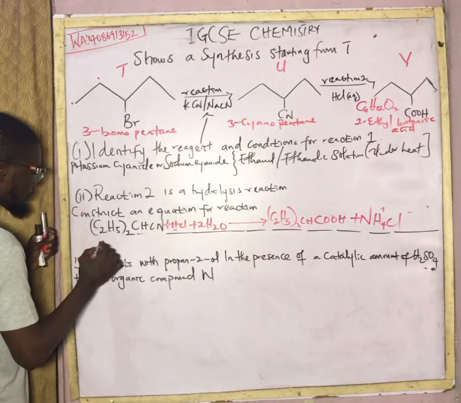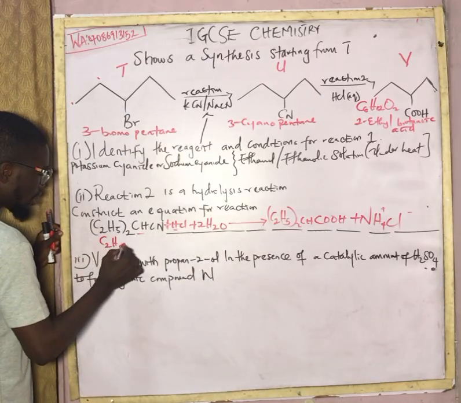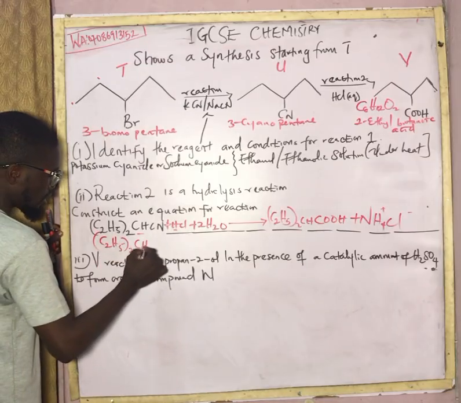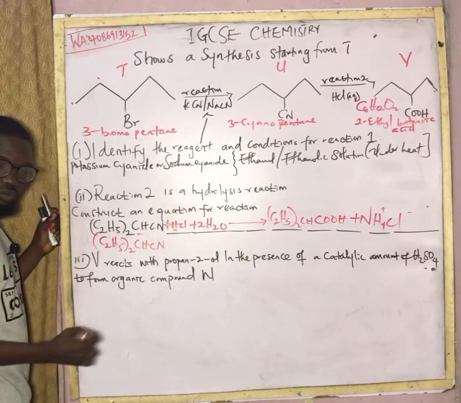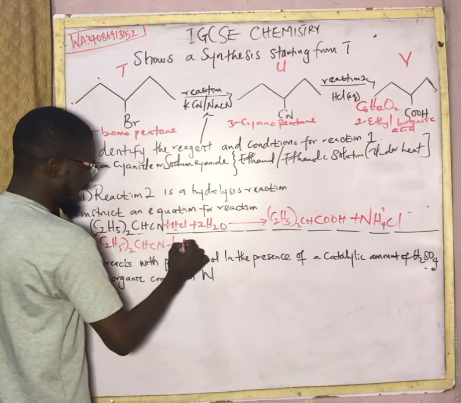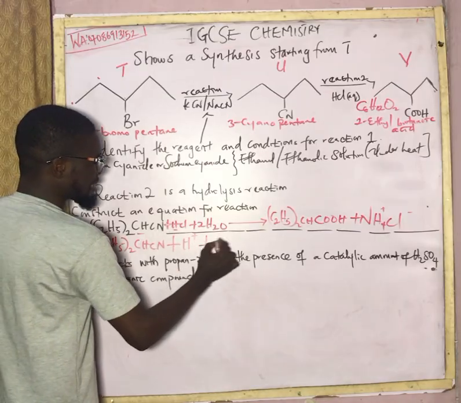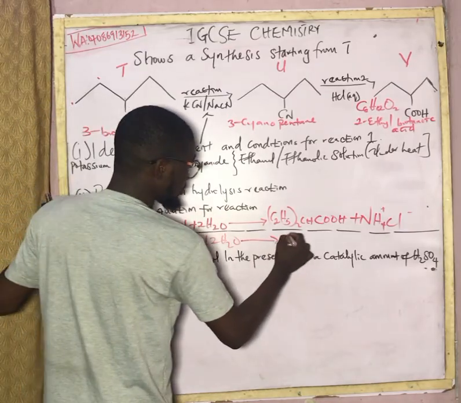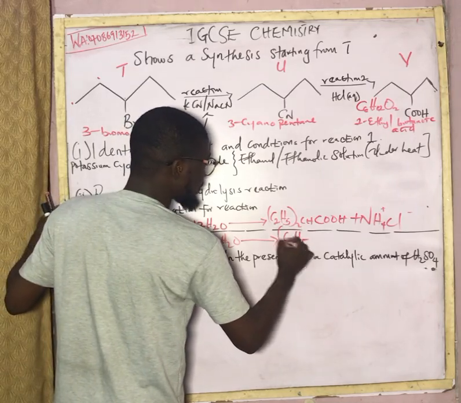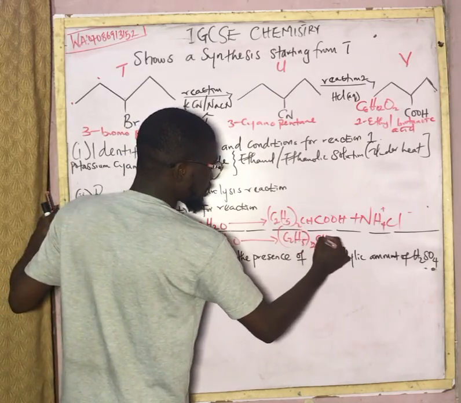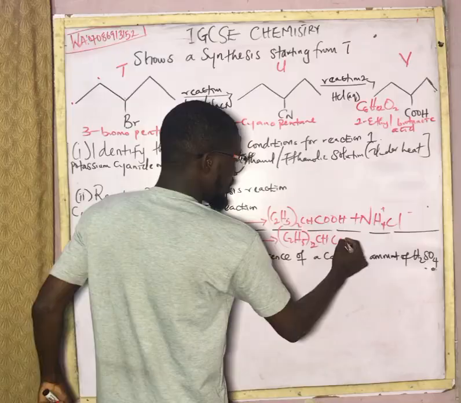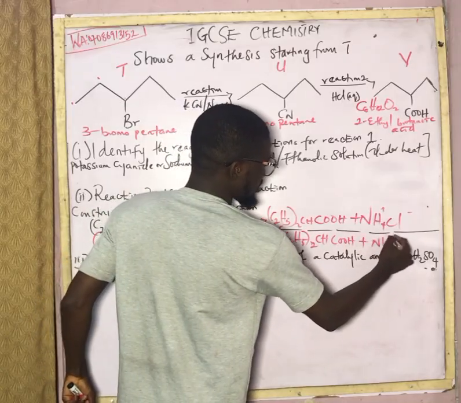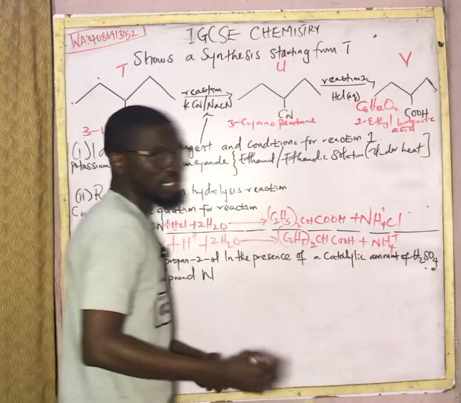I have C2H5CH(CN) plus hydrogen ion, plus H2O, the hydrolysis will not change. The same thing gives us C2H5CH(COOH), plus. Are you seeing it now?